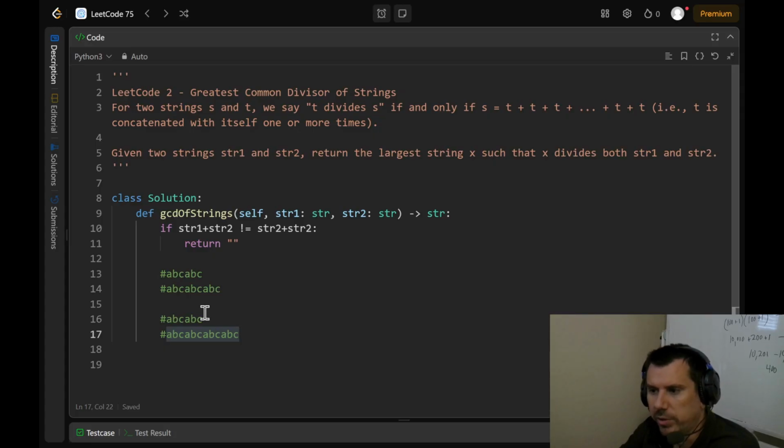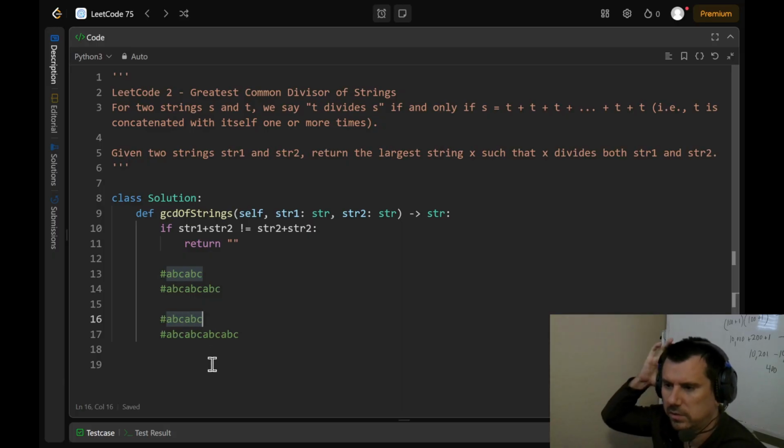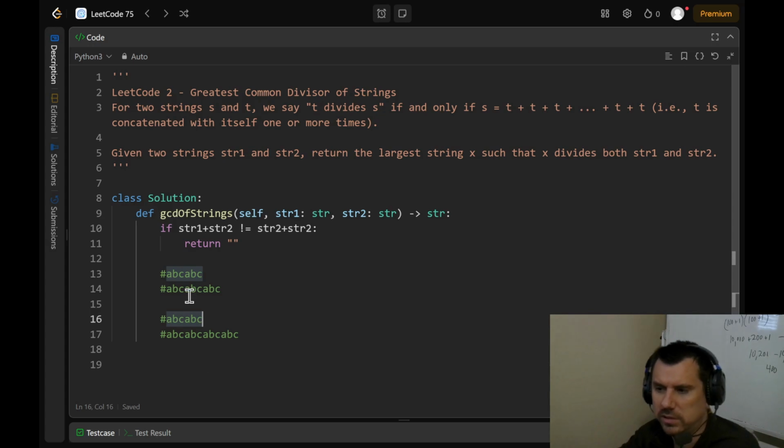So the reason that this GCD would be ABC ABC and this one would have to just be one ABC is because this length is 8, this length is I guess 12 and this one's 6. And so the GCD of 12 and 6 is 6. And so this length of 6 from either string is the GCD.